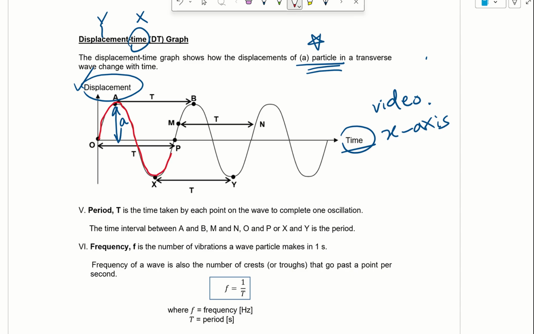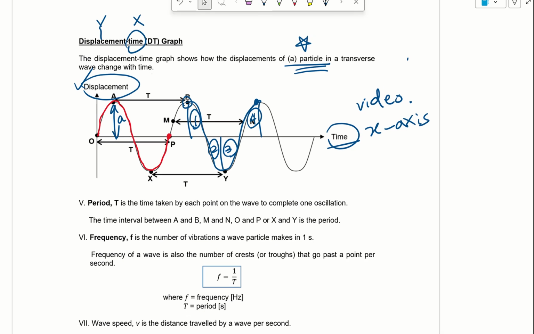Not yet. This is a complete wave. One more example, if I were to start from here, B, this will show the profile of a complete wave. 1 step, 2 step, 3 step, 4 step. So we need 4 steps to make a wave.